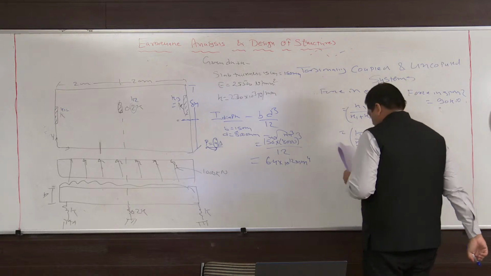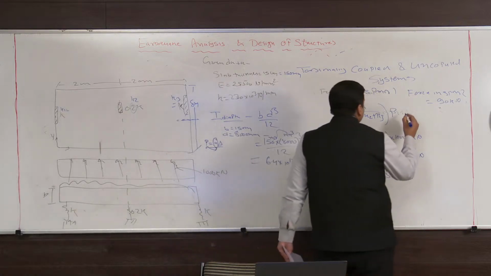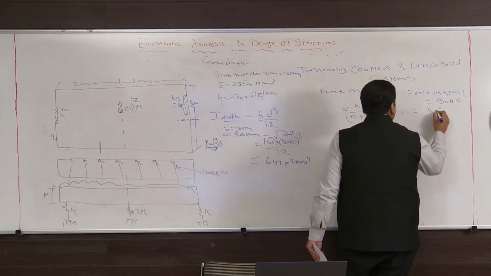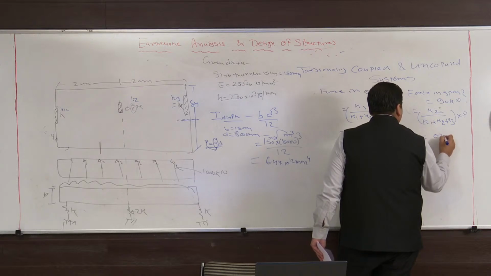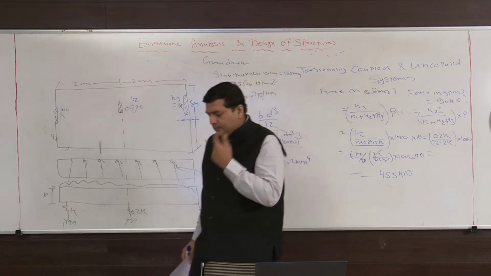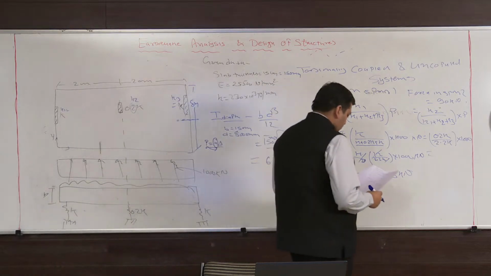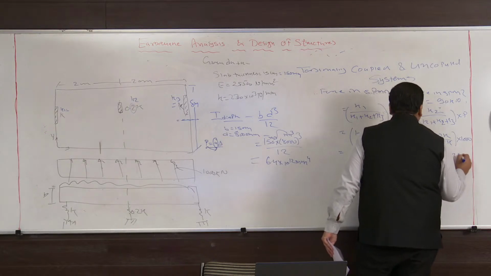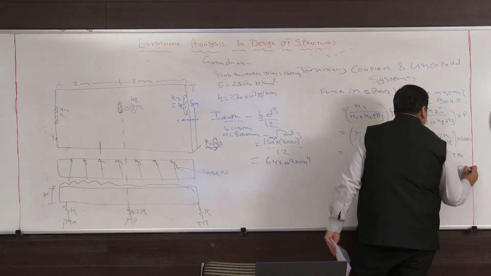You just check once again: K2 upon K1 plus K2 plus K3 into force P, so 0.2 K upon 2.2 K into 1000. In spring 3 again it is 455 kilonewton.